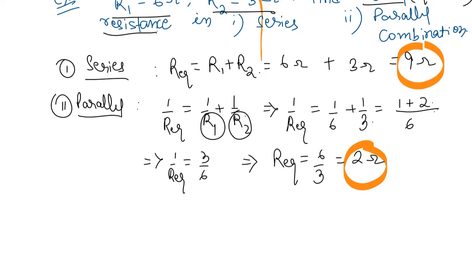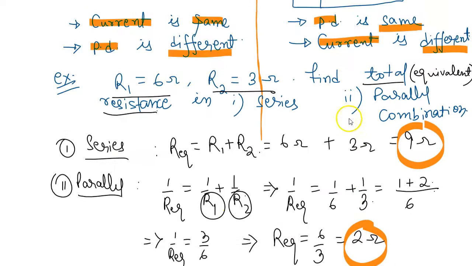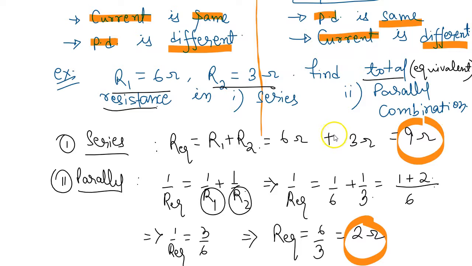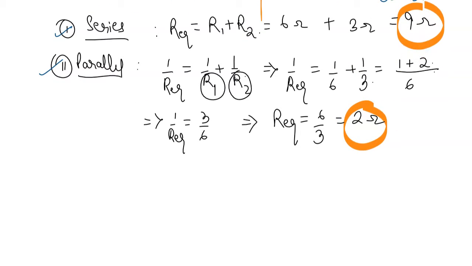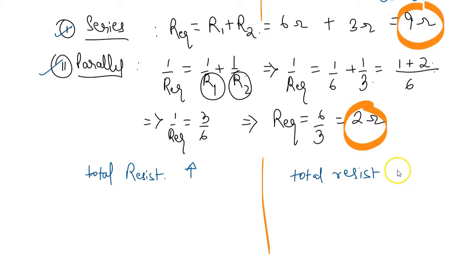So I hope you all have gone through how to find out the equivalent resistance in series and in parallel. Okay. So what can be concluded here about the series and parallel? In series combination, the total resistance increases, whereas in parallel combination, total resistance decreases.